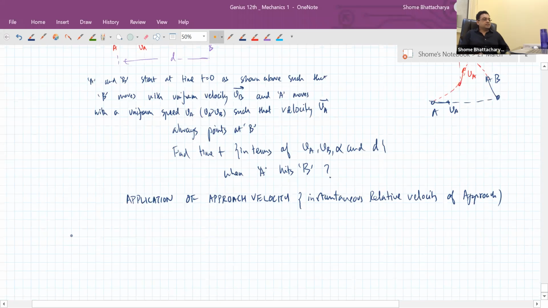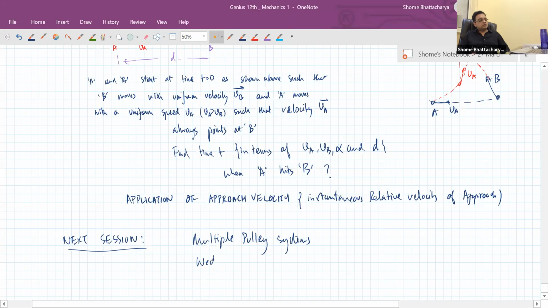And next lecture, we will be looking at multiple pulley systems, then wedge systems, non-inertial frame and pseudo force.